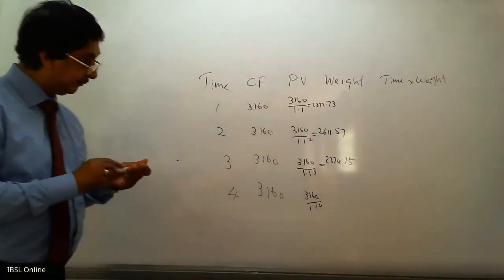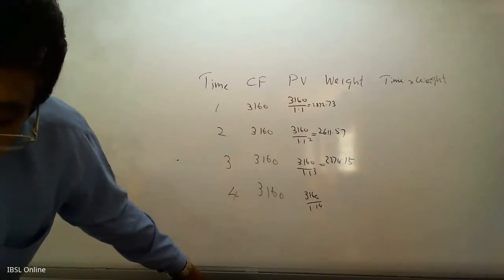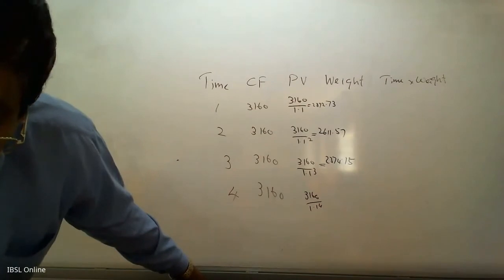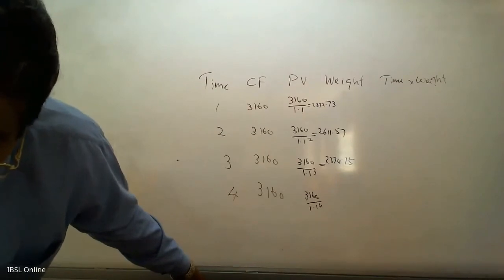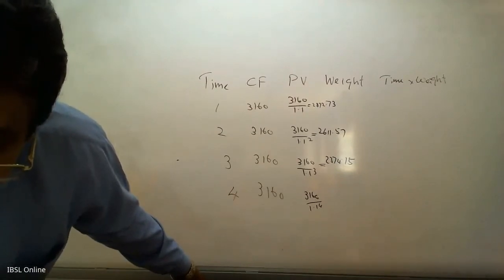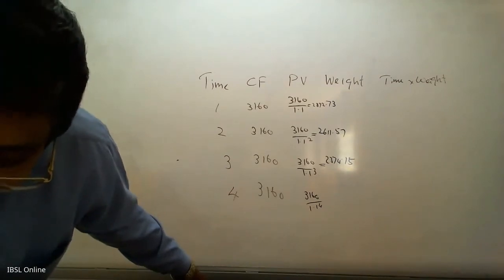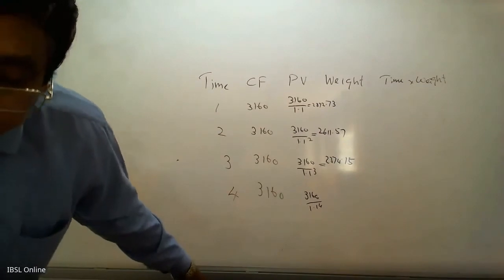And the last one, 3,160 divided by 1.1 to the power 4, is $2,158.32.